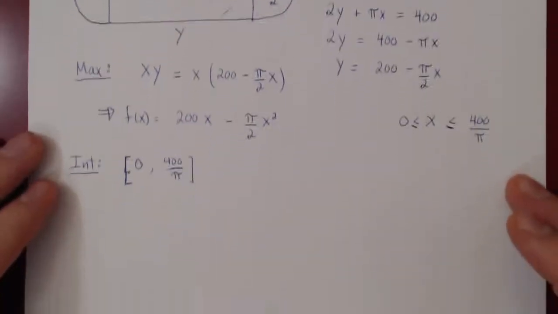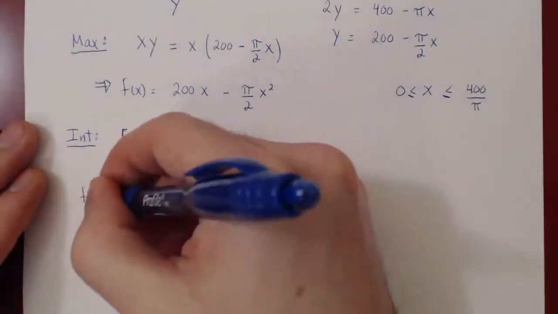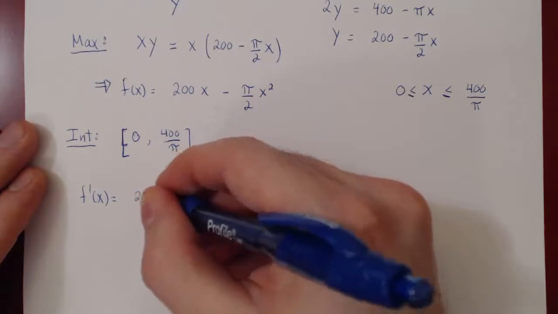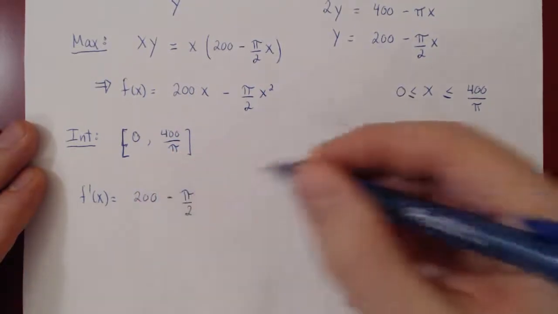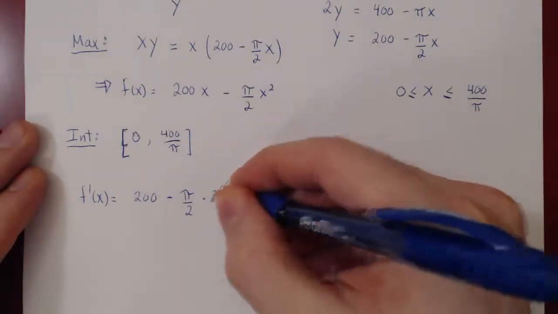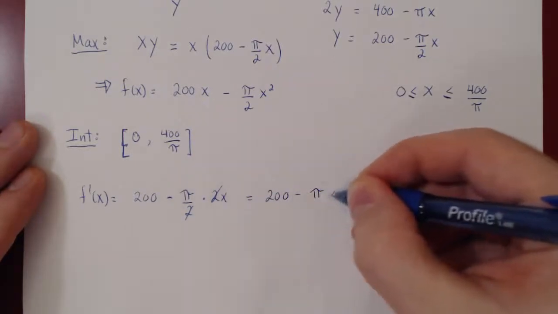So let's find the derivative to find our critical points. F prime of x is quite simple. It is 200 minus pi over 2 times the derivative of x squared, which is simply 2x. Cancel the 2 over 2, and you're left with 200 minus pi x.